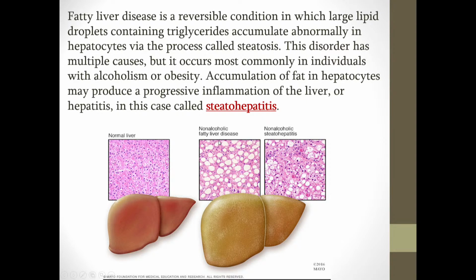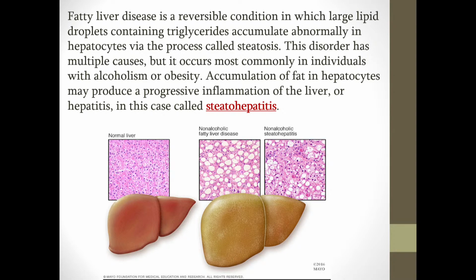Now I want to show damaged tissues of the liver. Fatty liver disease is a reversible condition in which large lipid droplets containing triglycerides accumulate abnormally in hepatocytes via the process called steatosis.